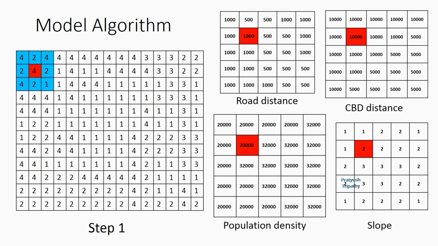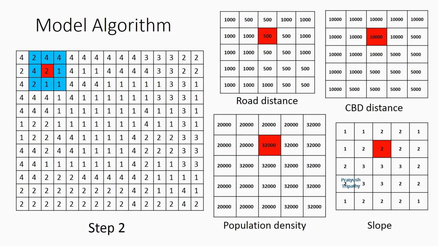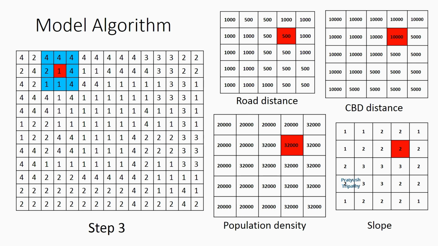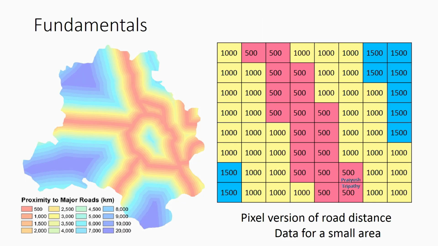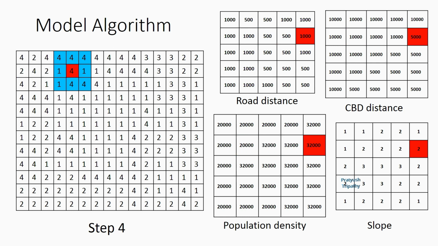And once that is done, it moves ahead with step 2, does the same thing for the second pixel with value 2 in the main raster, and checks the threshold in all the other raster data sets, then goes for the next pixel and the next pixel, and so on. So this is how the kernel moves and decides what to do.